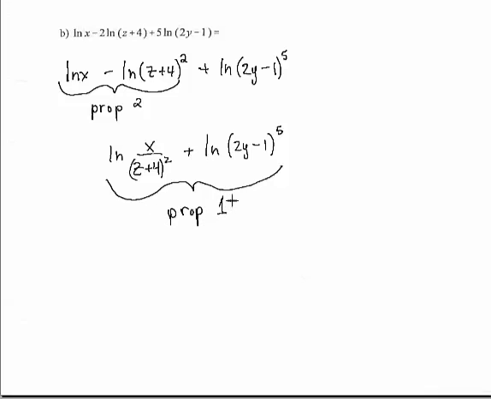To combine them, we apply property 1, which simply says we take the two arguments of the separate log functions that are added and multiply them. So we could write this as log of x times 2y minus 1 to the 5th on top. And then since the ln of z plus 4 squared was subtracted, z plus 4 squared would go on the bottom in the denominator.